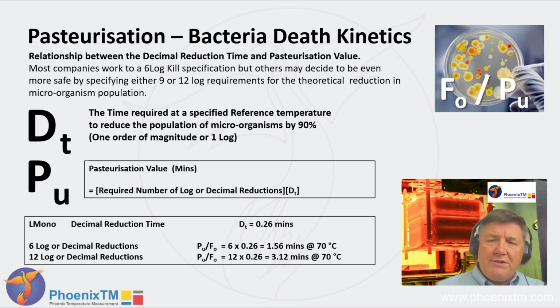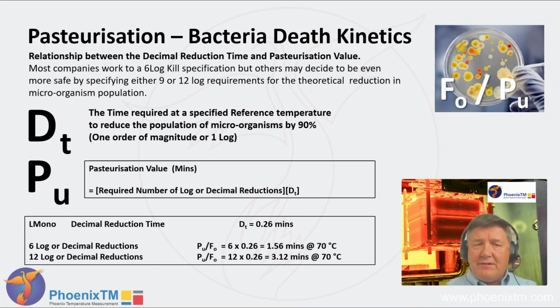Two critical parameters as part of that are the following. The decimal reduction time is the time required at a nominal cook temperature for a particular microorganism to be reduced in population by 1 log or 1 order of magnitude.